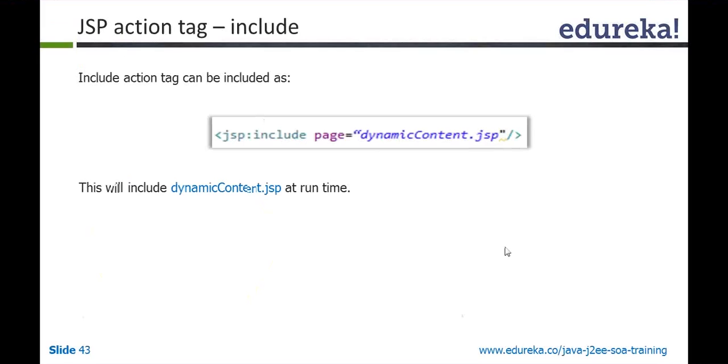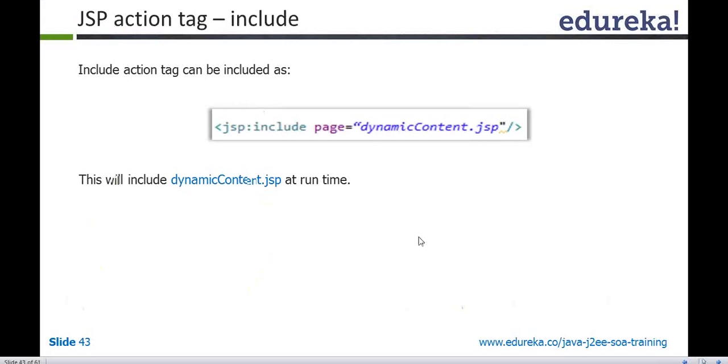That is include. Now let's look at what is the difference between JSP include directive and JSP include action tag. The question is, what is the difference between include directive and include action tag?